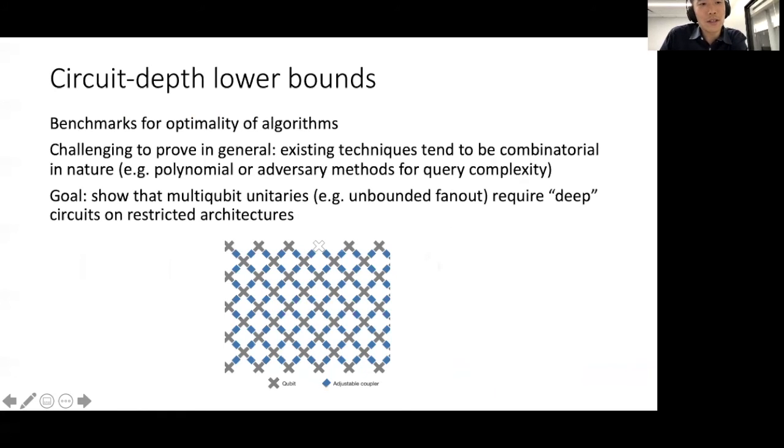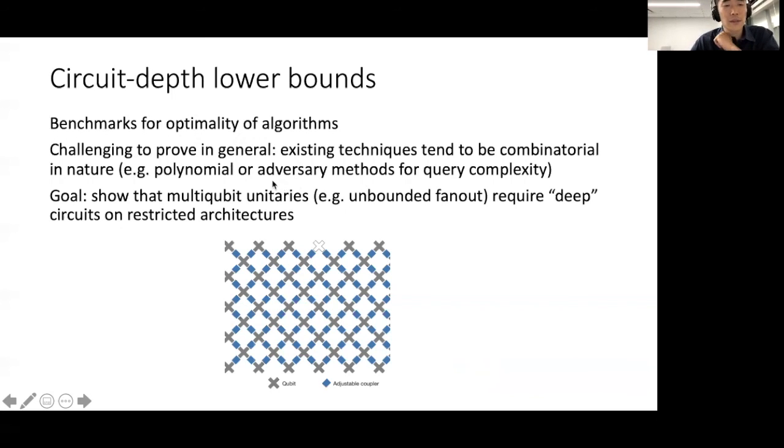Well, primarily they're useful as benchmarks to show how close your quantum algorithms are to being optimal. But they are, in general, very challenging to prove and involve some sophisticated mathematical machinery, such as the polynomial or adversary methods in quantum query complexity.